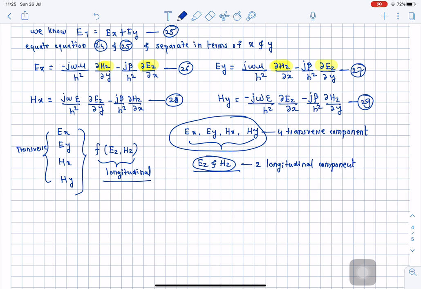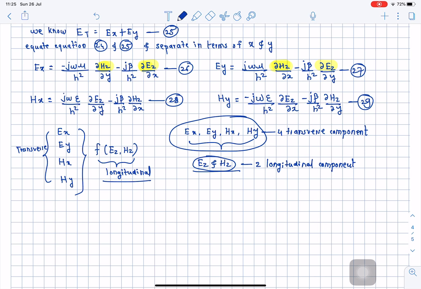In general there are a total of 6 different field components, out of which 4 components are along the transverse direction and the 2 components are along the longitudinal direction, or along the direction of propagation, right? So the generalized equations for the transverse field components we have derived right now.